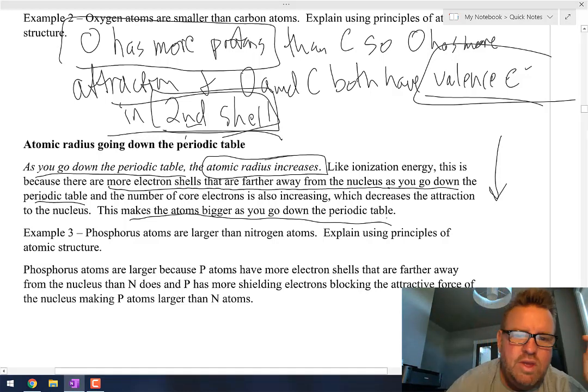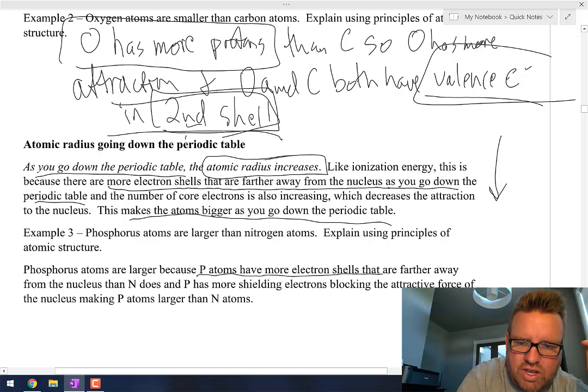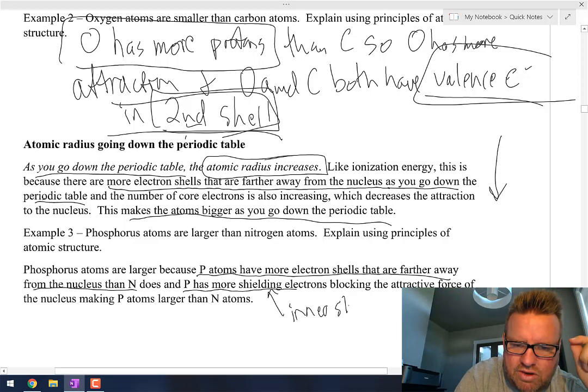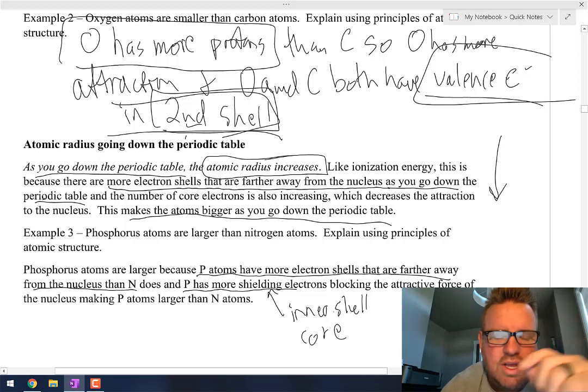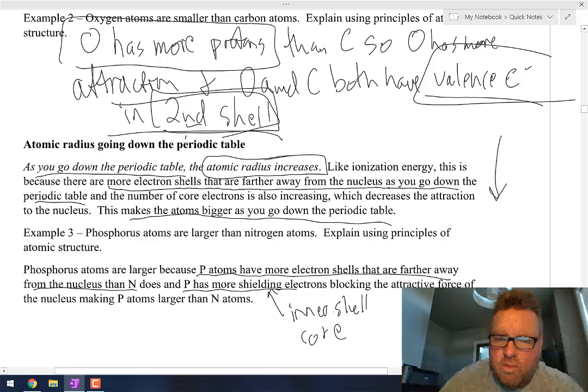Why is that? Because phosphorus atoms, so P atoms, have more electron shells that are farther away from the nucleus than nitrogen does. Okay, and here we can say P has more, and again, remember, shielding electrons is the same thing as inner shell electrons, same thing as the core electrons. Lots of different ways to refer to it. Here's the nucleus, and then here's some electrons, here's some electrons, here's some electrons, and then here's our last shell of electrons out here, okay?